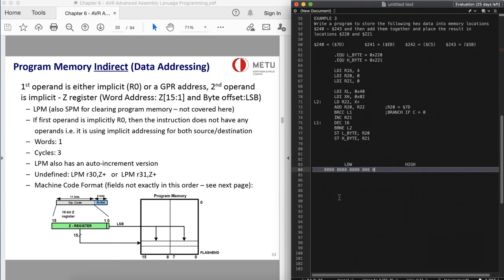And then for the high byte, we are going to have 001.